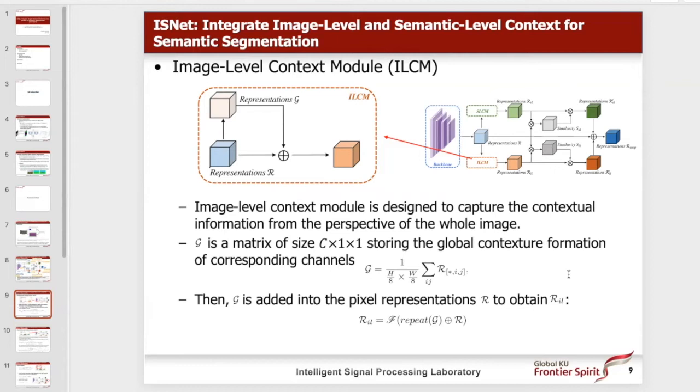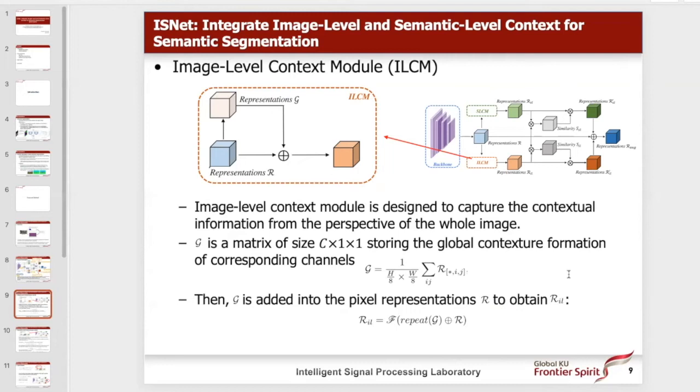Isn't that so? Yeah, image level context information. But this is adding it per channel, right? Yeah, each channel has different mean values. So you're really adding these values to all these different channels and just elevating the values.